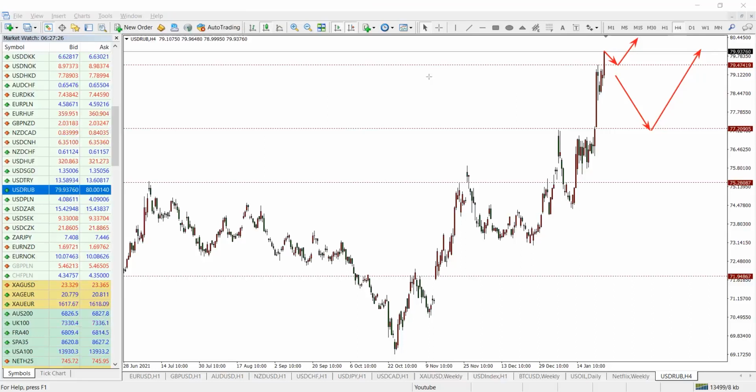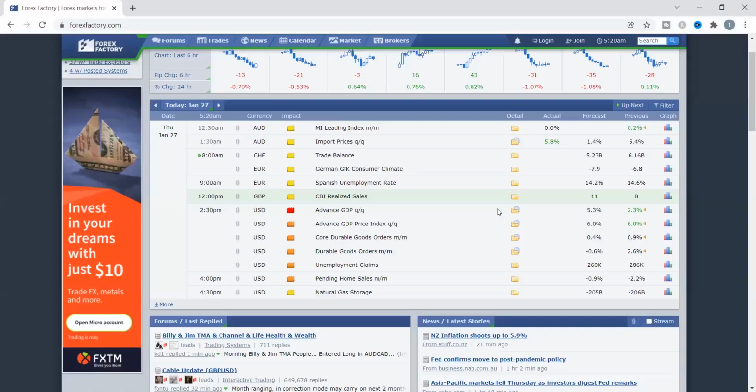Now also on the economic calendar for today, there isn't much apart from the data coming out for the USD by 2:30 p.m. West African time. That is 1:30 p.m. UK time. And then also, if I'm not mistaken, that should be about 9:30 a.m. EST, right? 9:30 EST.